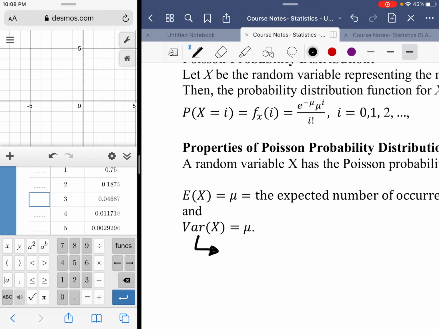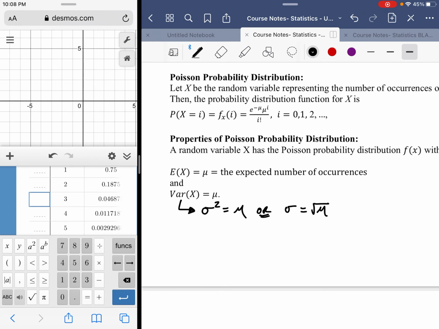That can also be written as sigma squared is equal to mu, or we could write it as sigma is equal to the square root of mu. So the Poisson distribution actually has that aspect to it where the variance and the expected value are the same.